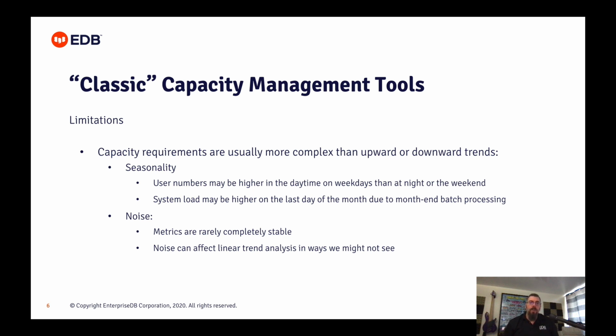We also can get noise in the metrics we collect. Typically there's not always going to be 127 users on the system at 2 p.m. on a Tuesday. One day there might be 127, the next day it might be 129, the next Tuesday it might be 110. Noise can affect linear trend analysis in ways that we might not always see.